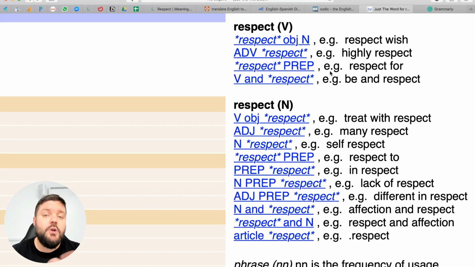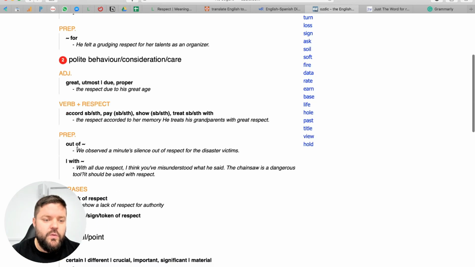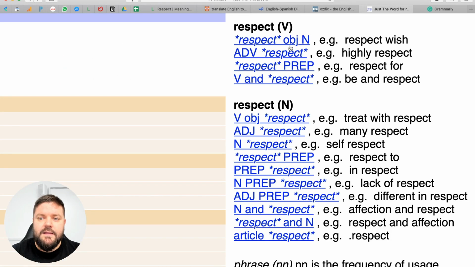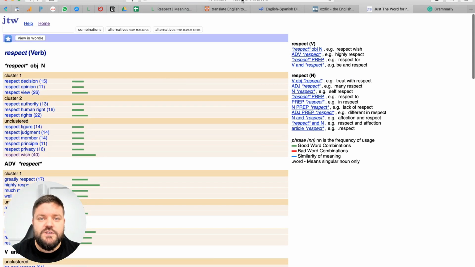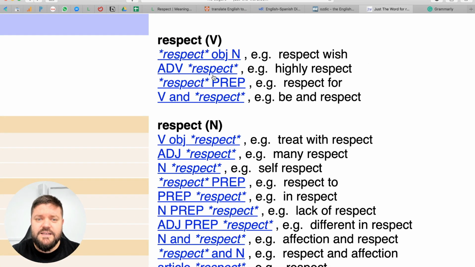For example, if you're looking for prepositions, which in the Ozdic dictionary you could see there, or here as well, in justtheword.com, you can see the list on the right, and you can see the word respect plus whatever. Okay, in this case, respect plus a preposition, respect plus an adverb before respect.